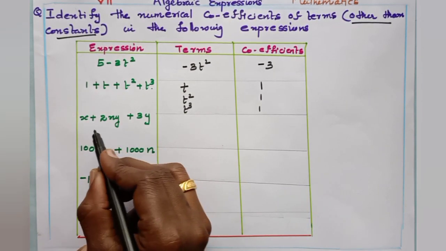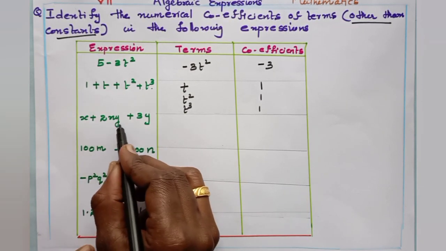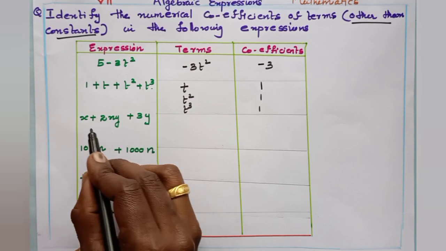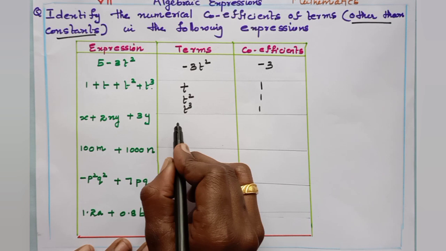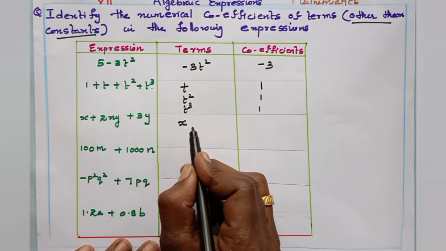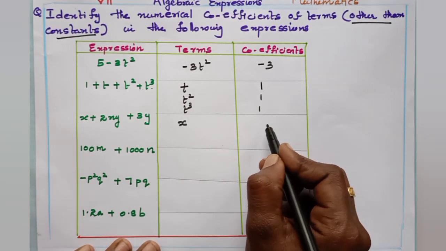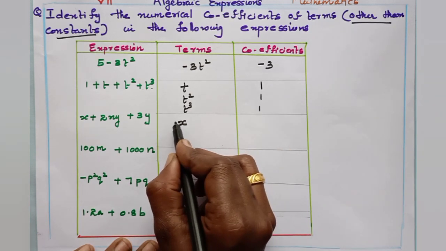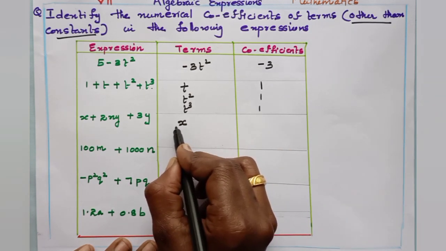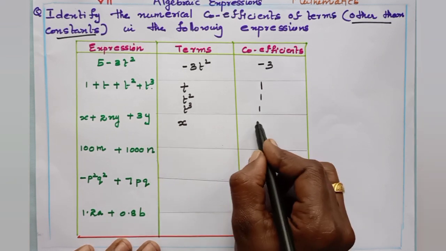The next question, x plus 2xy plus 3y. Here there is no constant term. The first term is x. What is the coefficient of x? Yes, 1 into x is x, so the numerical coefficient is 1.